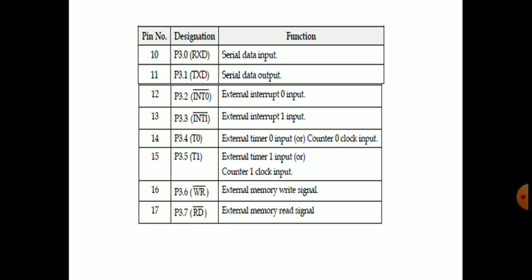Yes, counter is also there. From the features topic of 8051, we can remember 8051 has two 16-bit timers or counters. So the same timers can function as timer or counter, and the user can select how the particular timer has to behave. That is the mode selection.